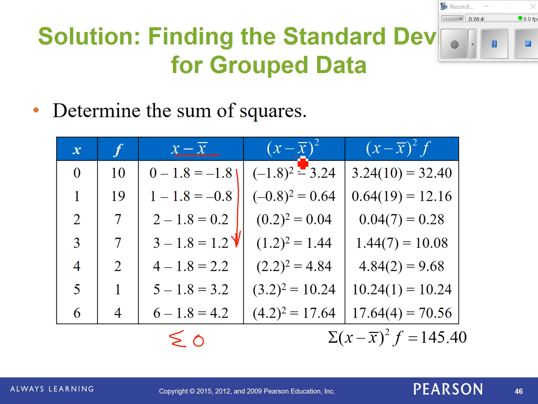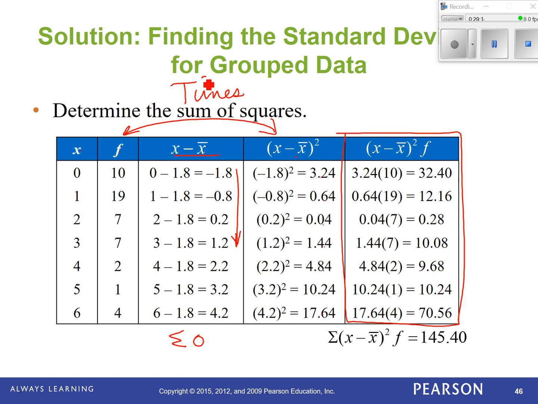Then we square each one. Now we're going to add one more part to our box that we made last time, if we're doing this out longhand. And when we add that one more part, all we're going to do is take each of these numbers and multiply it by the frequency. So we're going to multiply it by that number right there.